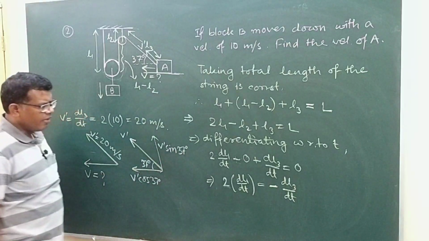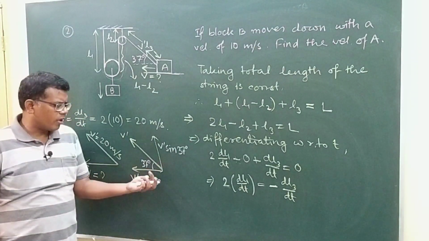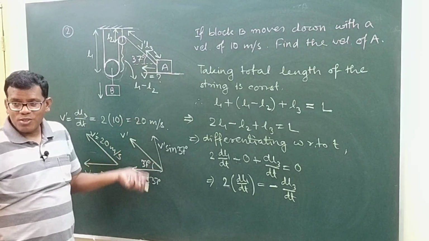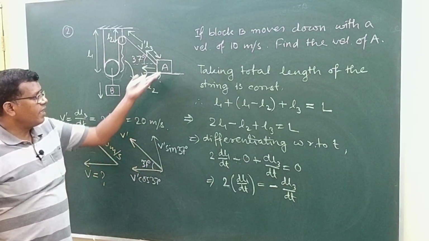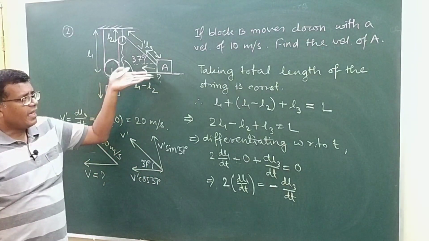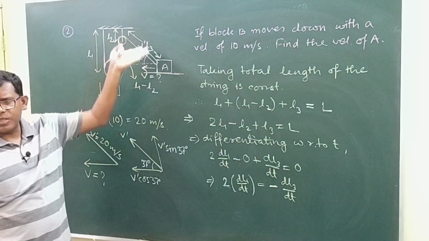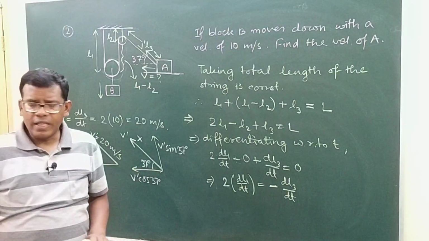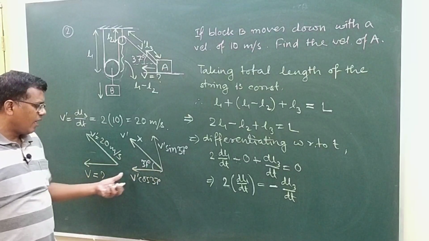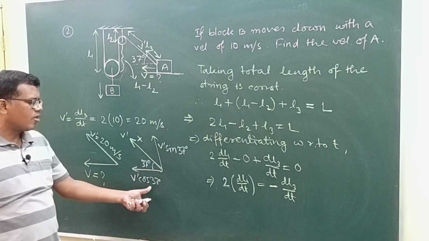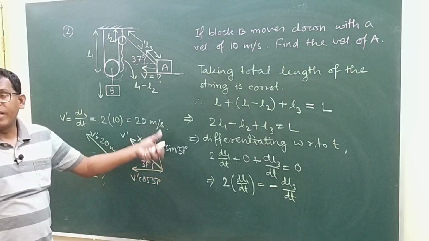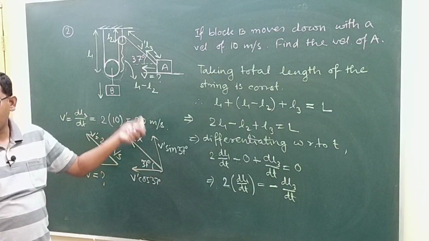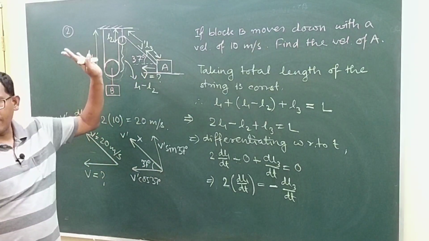That means the block is not only moving horizontally leftward, it is moving upward also. But practically block A does not have any vertical movement. So we cannot resolve v dash, because then the other component, v dash sin 37, should also be taken into account, meaning motion along the vertical line, but no such thing is happening.